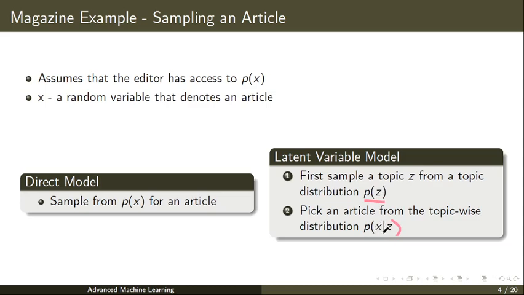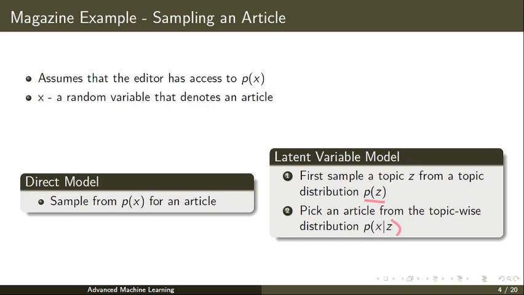Only x1, x2, etc., these articles, will be available in the magazine. This value z will not be visible, but actually it is being controlled by the latent variable z.